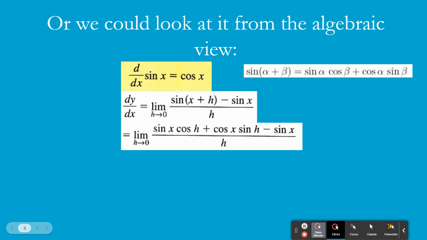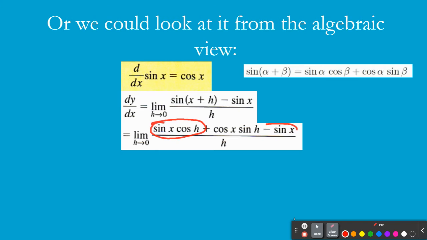Okay, so next, when I apply the sum of sines formula, I get this. Now, the next thing I'm going to do is combine some terms that I can group together. I'm going to group this one here with this one here, shift things over, and then factor out a GCF of that.